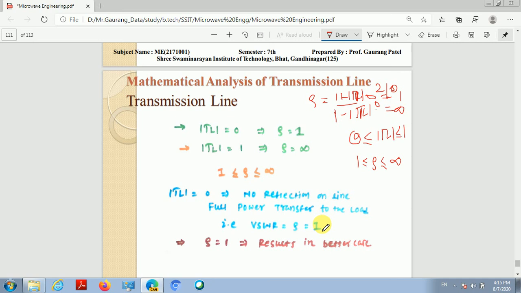And when the VSWR is infinity, there is a full standing wave on the transmission line and there is a power loss on the line. So the best suited condition is that rho is equal to 1 or mod gamma L is equal to 0, for the maximum power transfer on the transmission line.